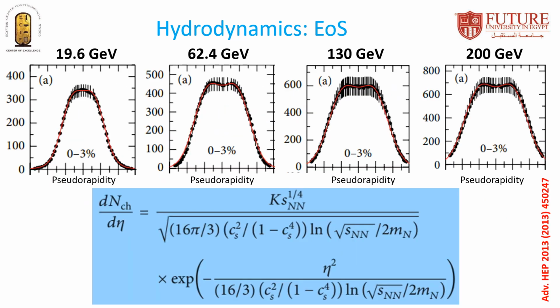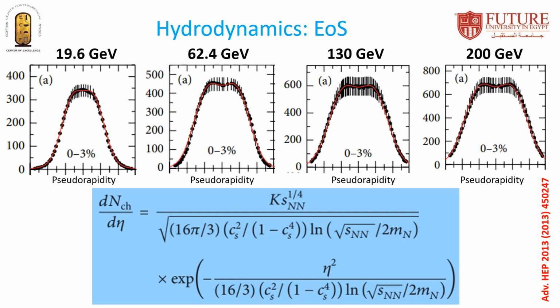To show some results from the second study, here is a comparison of the NCH, the distribution of the number of charged particles as a function of pseudorapidity at different energies, and you can see there is a broadening in the distribution function. This broadening gives an idea about how the equation of state is affected by the density, and this marked equation of state is just the expression to fit these distributions.